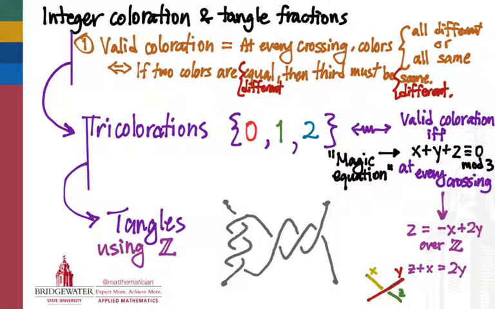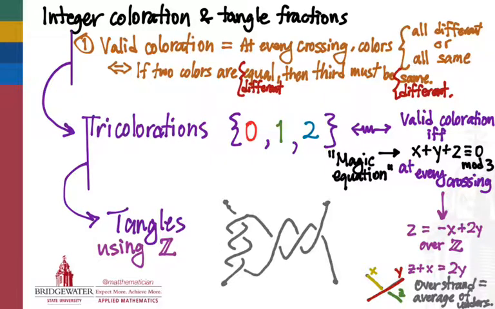But what it tells me, and the shorthand I love, is that the overstrand color is just the average of the understrands. And so as soon as you supply for me 2 numbers that color 2 of the strands at a given crossing, I can use that principle to determine the color of the 3rd. And that should be enough for us to figure out how to color any rational tangle.